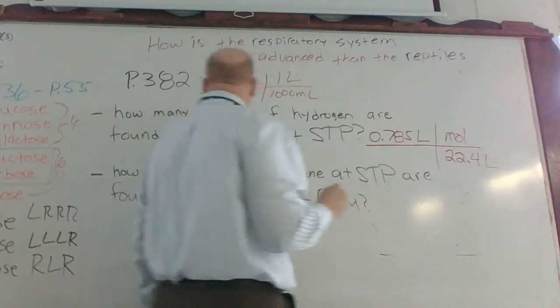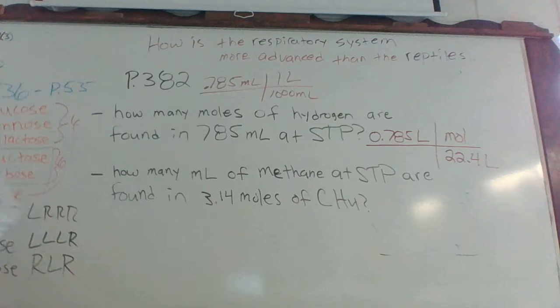Now, be careful, this is just going to be human nature. If we said how many grams of hydrogen are found in here, we could do that because once you have something measured in moles, you can convert it to grams, right?